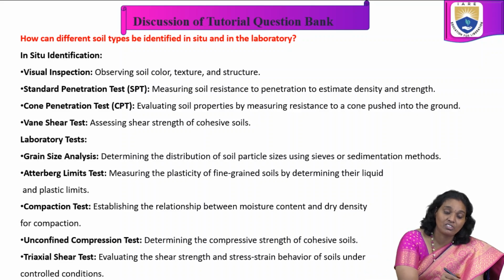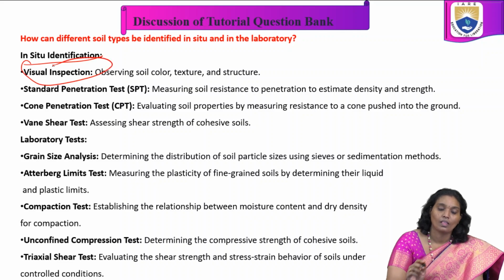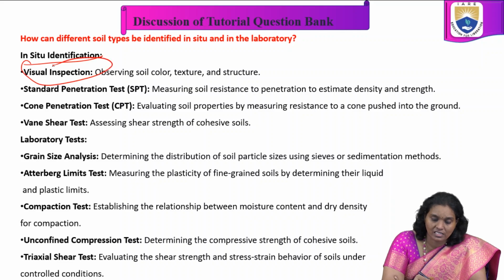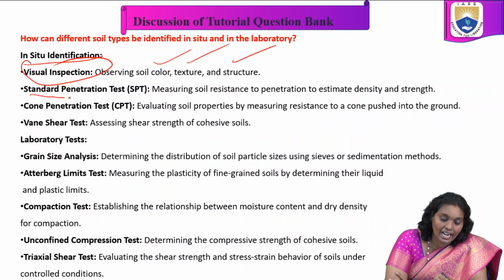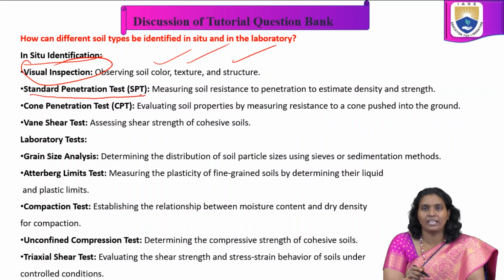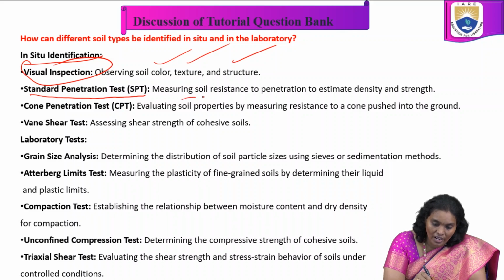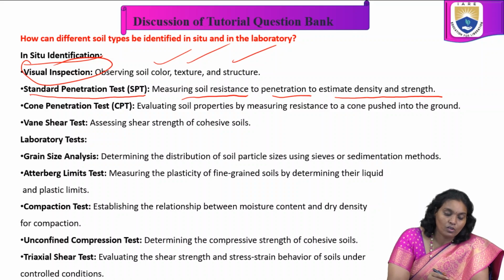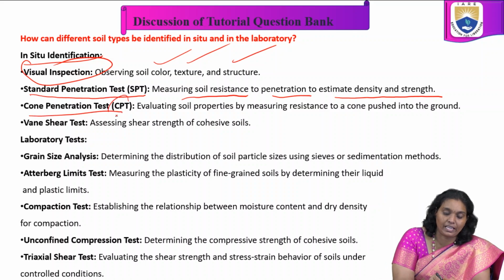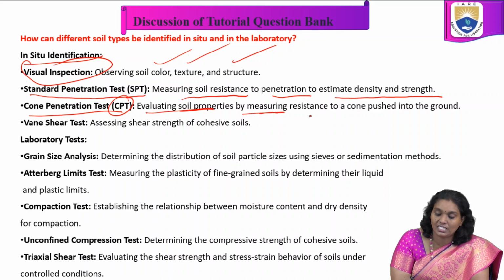Based on the question, how can different soil types be identified? Visual inspection on site, observing soil color, texture and structure, and also using the standard penetration test, SPT, measuring soil resistance to penetration to estimate density and strength, and cone penetration test, CPT, evaluating soil properties by measuring resistance to a cone pushed into the ground.